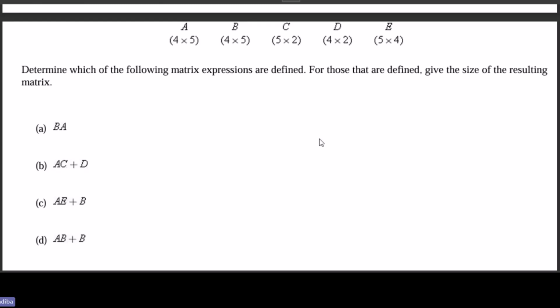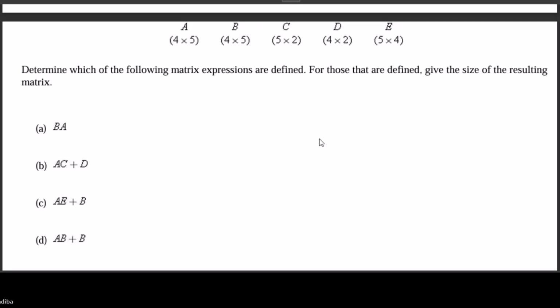Problem solver, number B. B is defined, and the size of the final matrix is 4 by 2. TK, do you agree with problem solver?